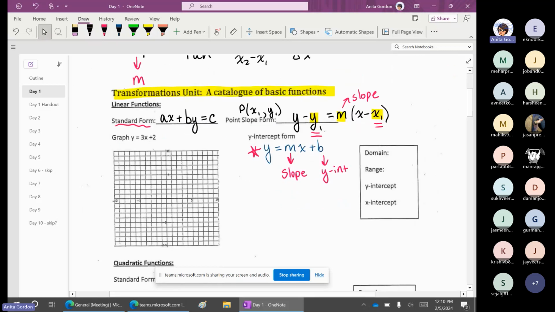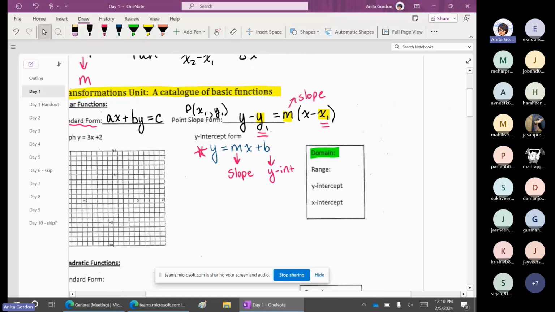Okay, before we move on, let's talk about domain. Anybody remember what is the definition for domain? Something about x. That is an example of a domain, but what's the definition of domain? Say that louder. Okay, so we're talking about restrictions.